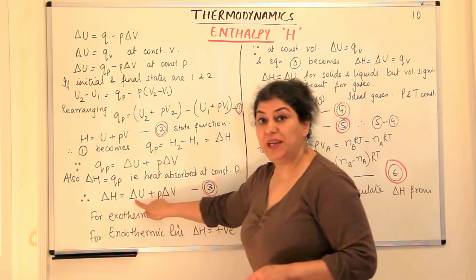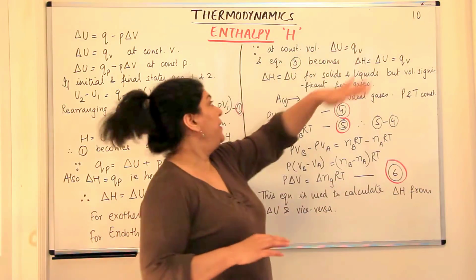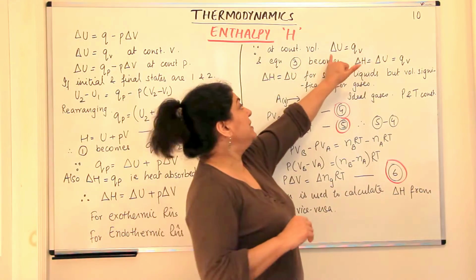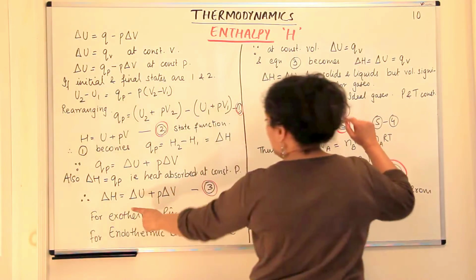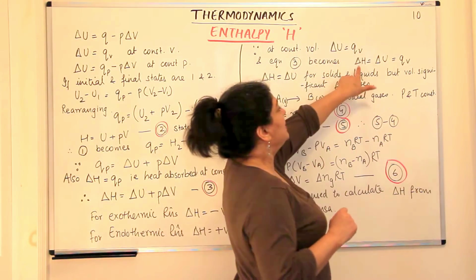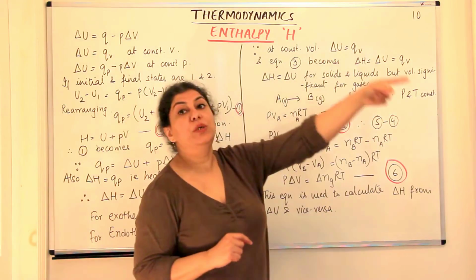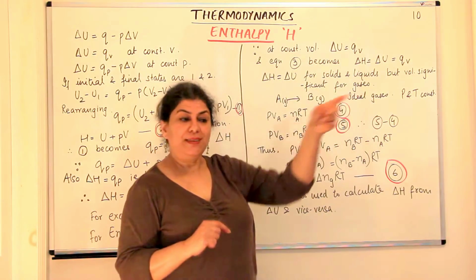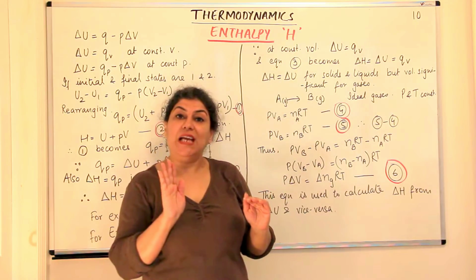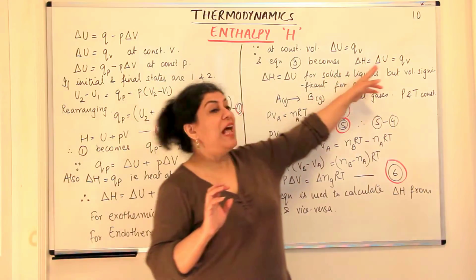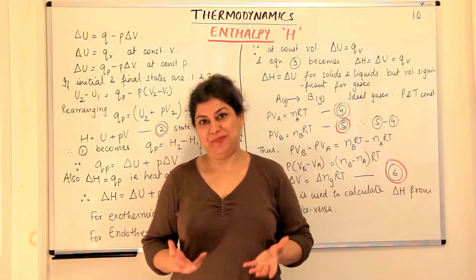So, delta H would be equal to delta U. And we already know for reactions where the volume is constant, delta U is equal to QV. Therefore, for such reactions where volume is constant, delta H should be equal to delta U and it should be equal to QV. It means that change in internal energy and the change in enthalpy mean the same thing if the volume is the same.